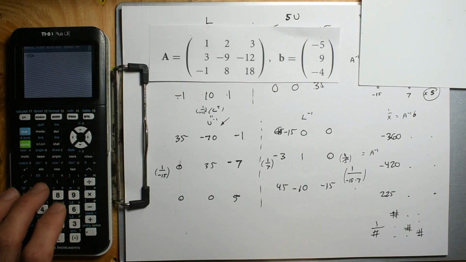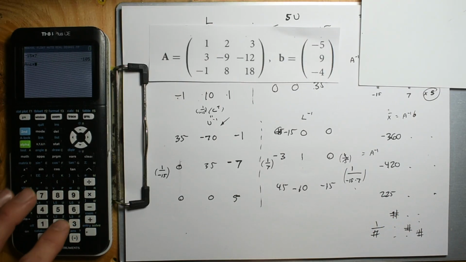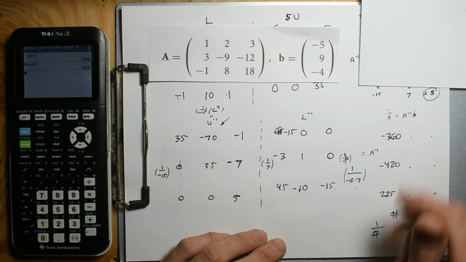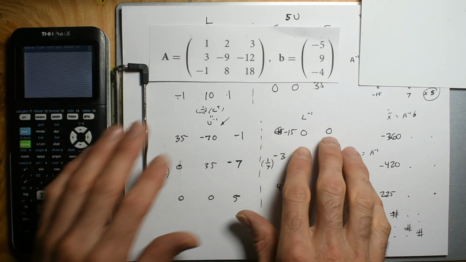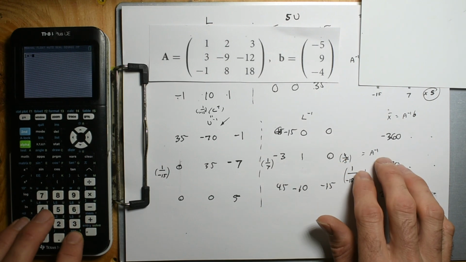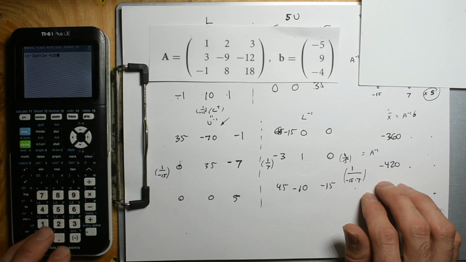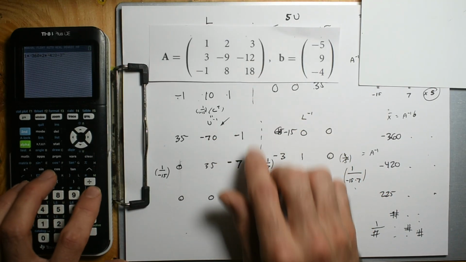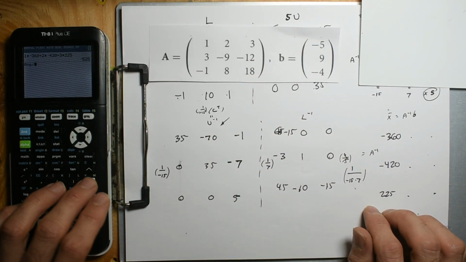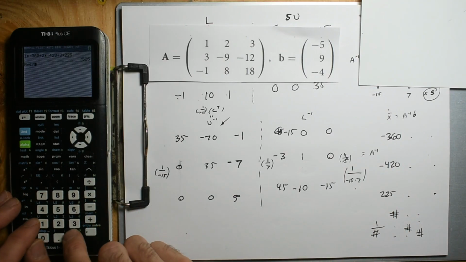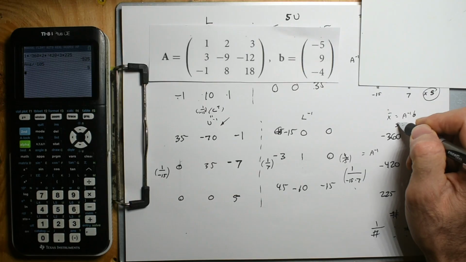Negative 15 times 7 is negative 105, and we are just getting 525 for that first column. We can double check it again: 1 times negative 360 plus 2 times negative 420 plus 3 times 225. Then divide by negative 105, and we're still getting a 5 here.